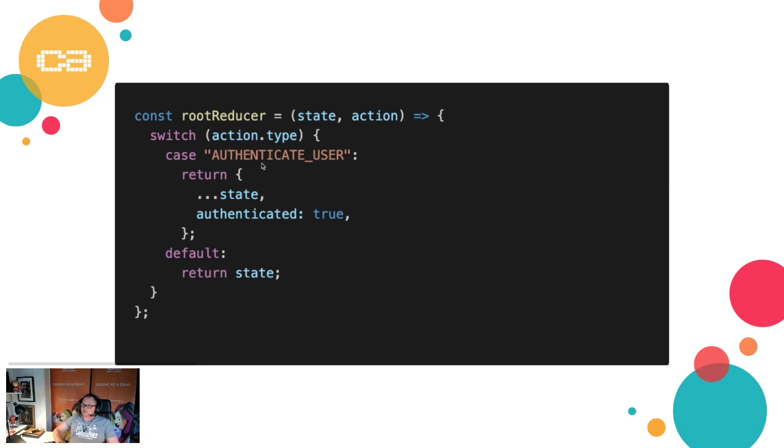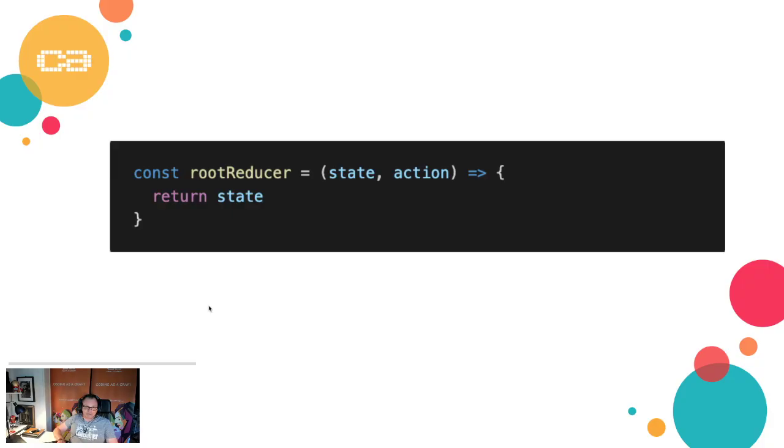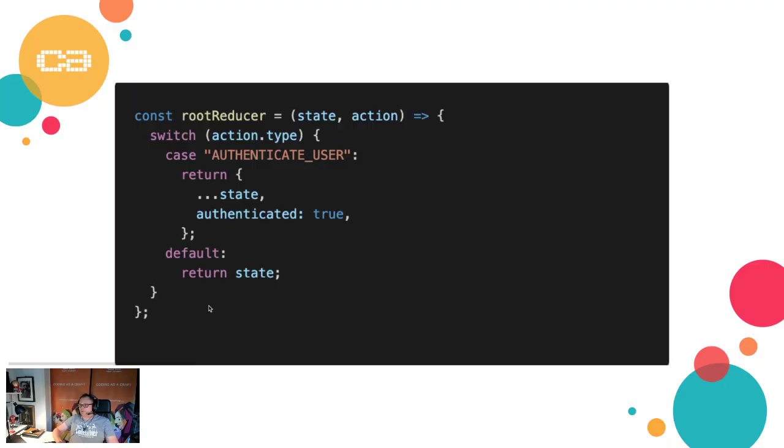And if this action type doesn't contain anything at all, the default behavior of this reducer in this particular example would be simply to return state, like the previous one. That's the only thing it did. So that is a JavaScript function.